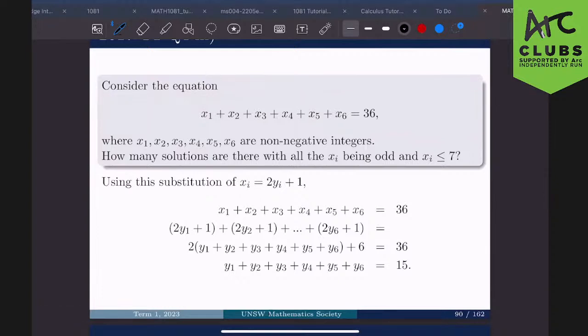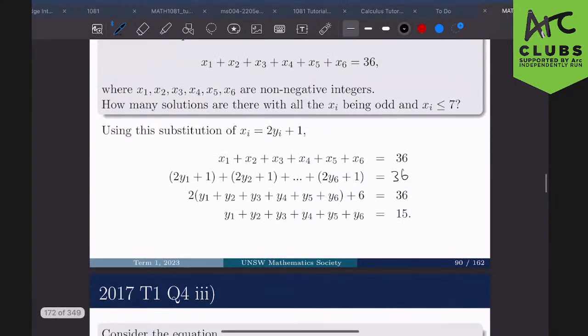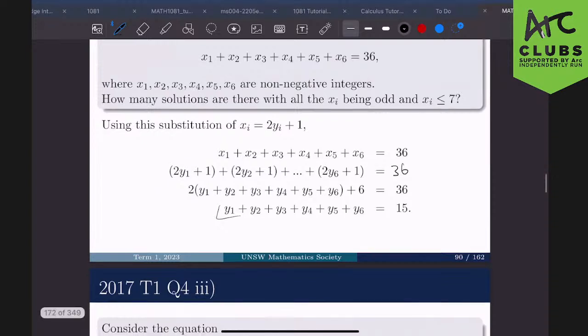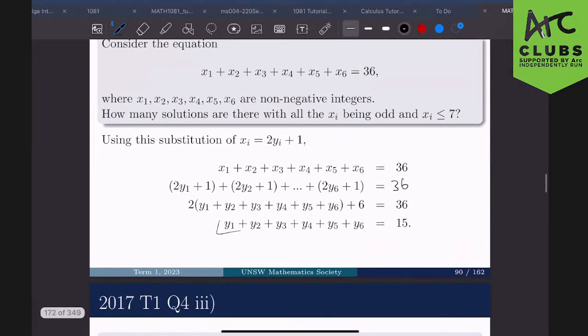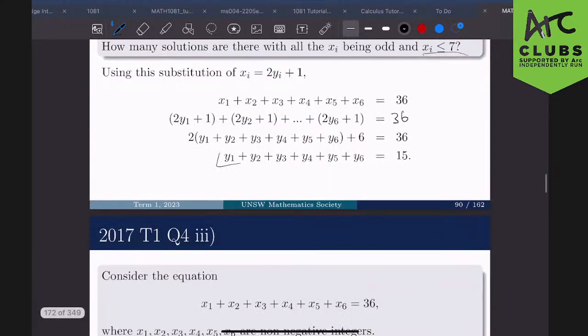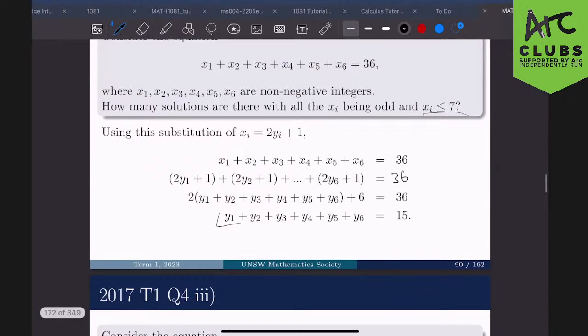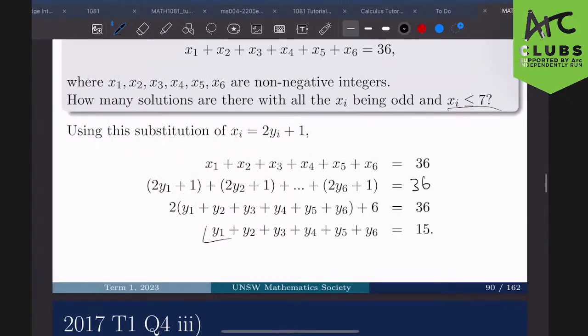and what we'll find is that we eventually receive this form here, but we still have to, this is our odd requirement, and we still have to deal with the less than or equal to 7 requirement. So yeah, this is just going back to what I said before about the at least one ball thing.